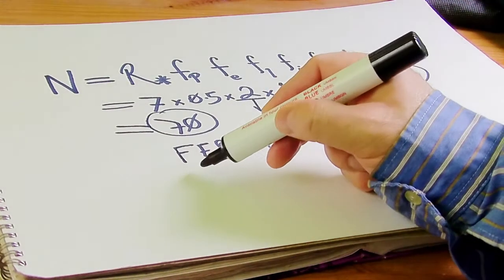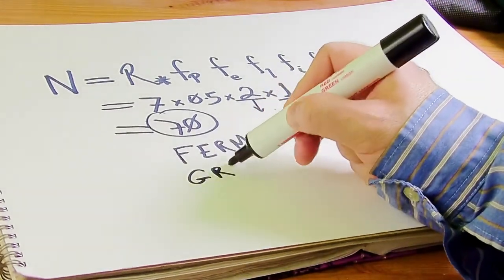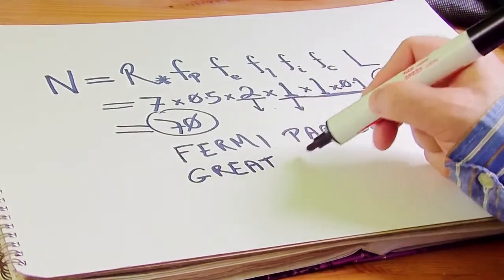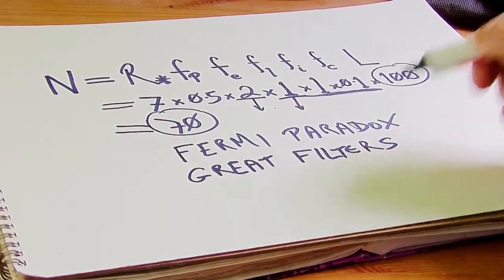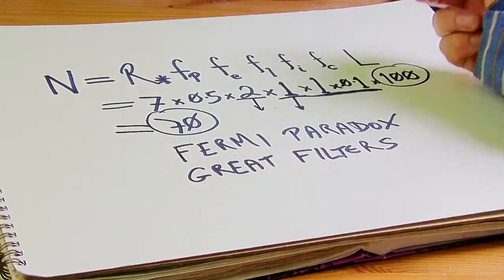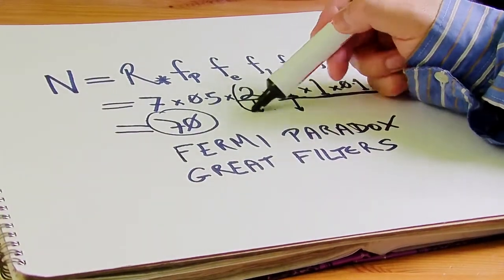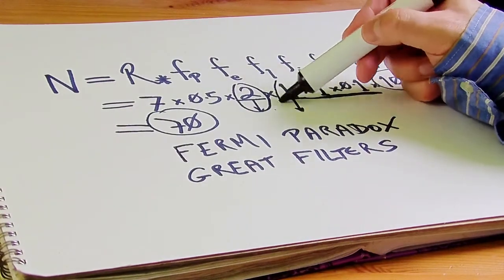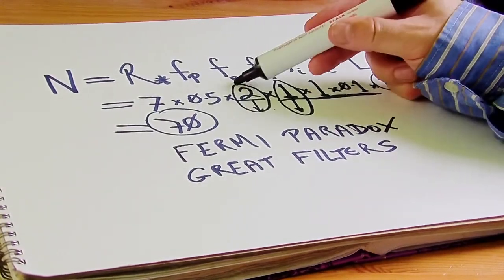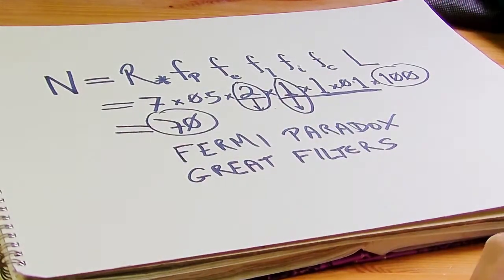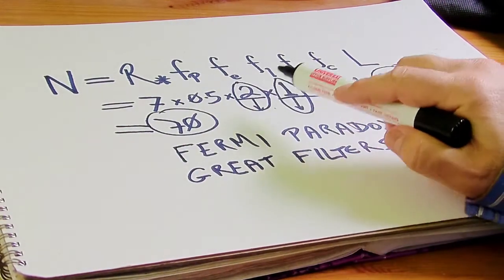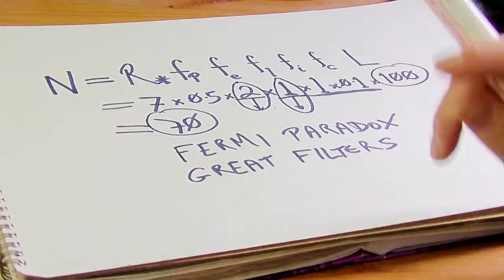The problem would be great filters. I've mentioned some great filters. Are there enough Earth-like planets out there? How many of those develop complex life, or life at all? But certainly complex life is needed to get to intelligence. It may be extremely difficult, and very few.